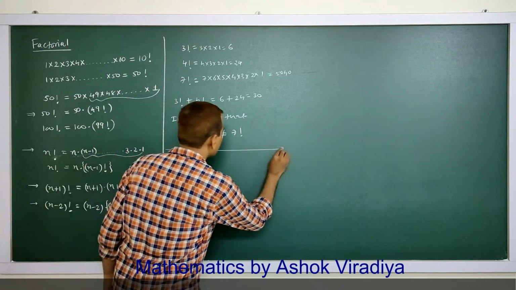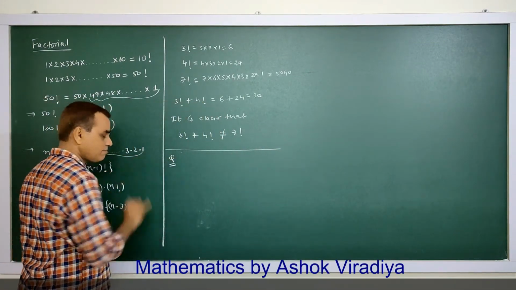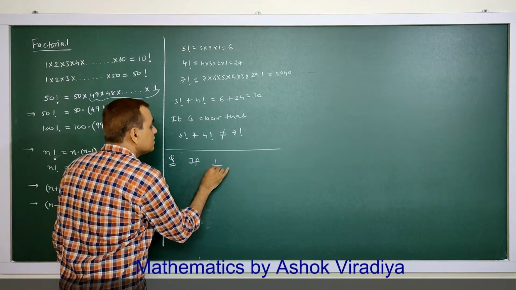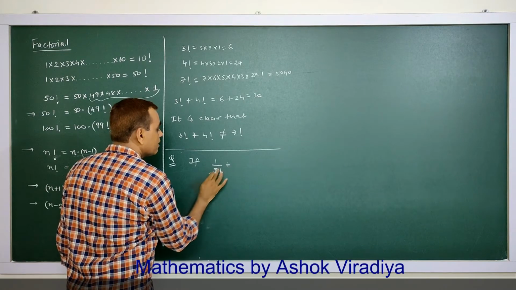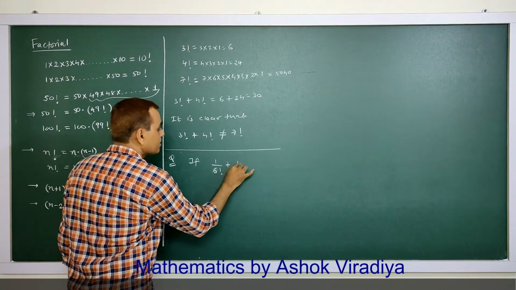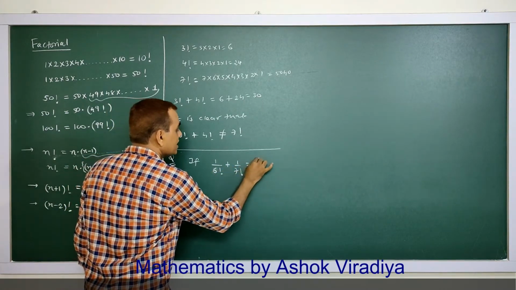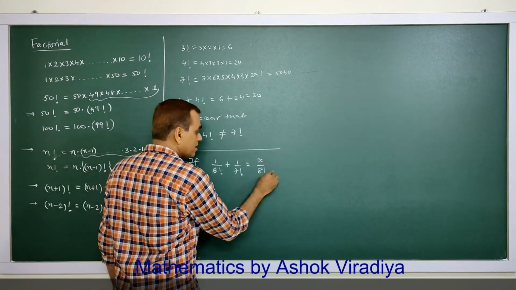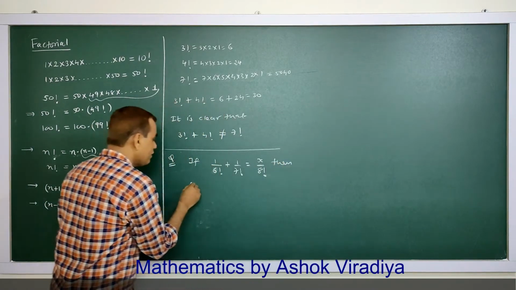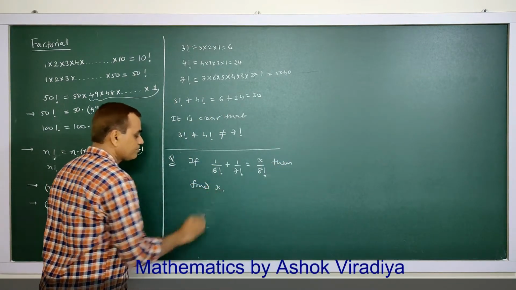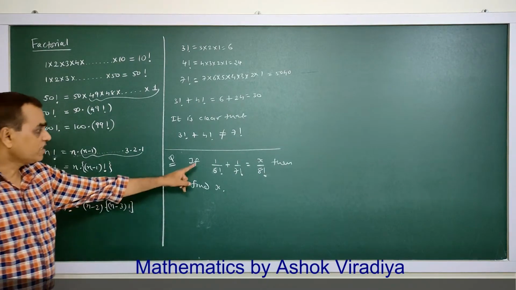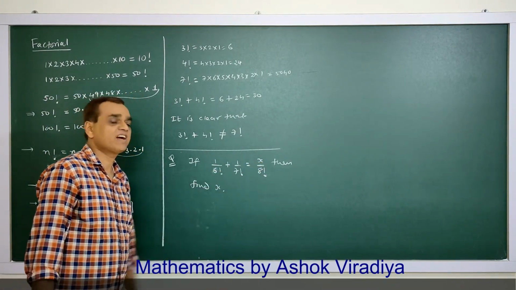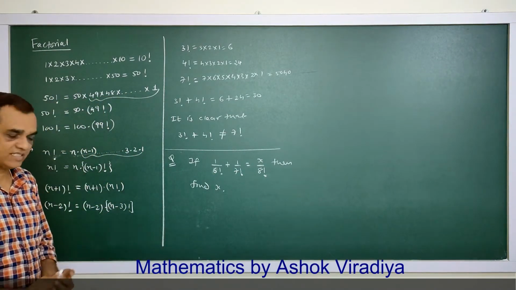Suppose the question is 1 upon 6 factorial plus 1 upon 7 factorial equal to x upon 8 factorial, then find the value of x.